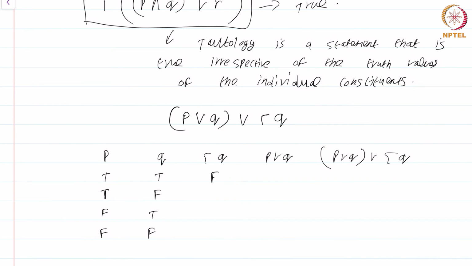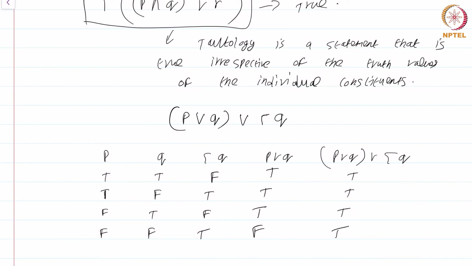False, true, false, true. P or Q is true here, true here, true here, false here. Okay. Now P or Q or negation Q is true. So irrespective of how you assign the truth values to P and Q, you will always get, for P or Q or negation Q, that it is always true.